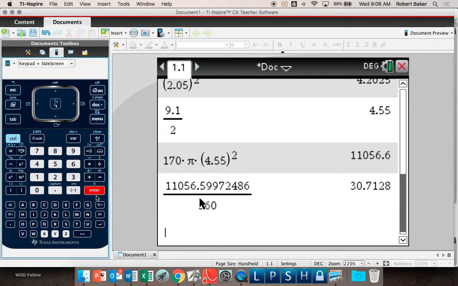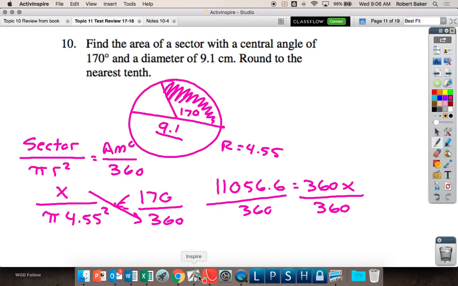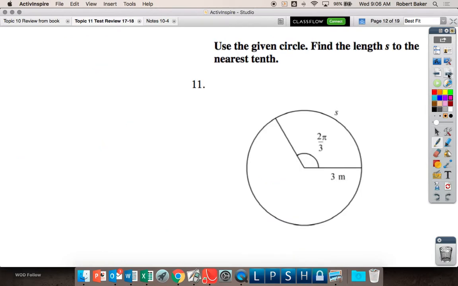We're not going to do 37.128, just 30.7. In this scenario, you can't multiply by pi. You have to do everything in decimal format.